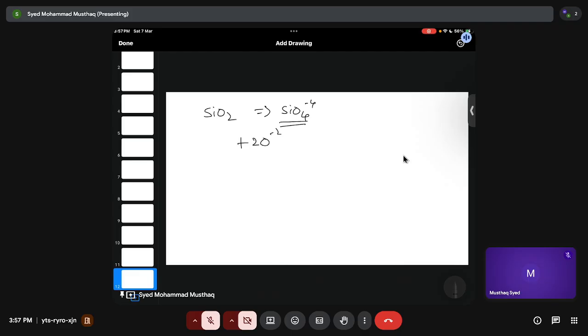So that's how I will form this. To get 2 oxygen ions, I need to supply 2 moles of calcium oxide. So for every 1 mole of silica, I need to supply 2 moles of calcium oxide.